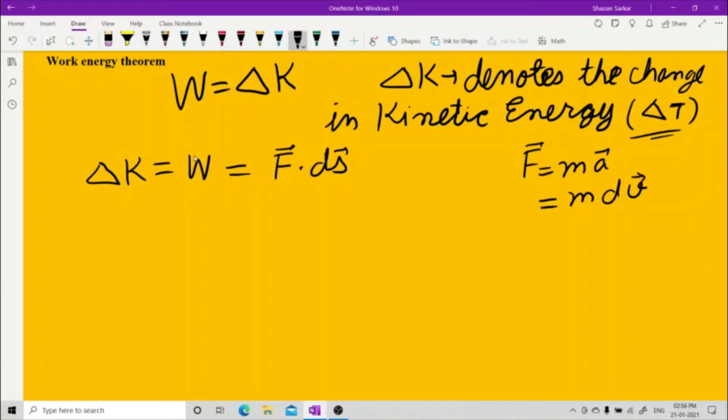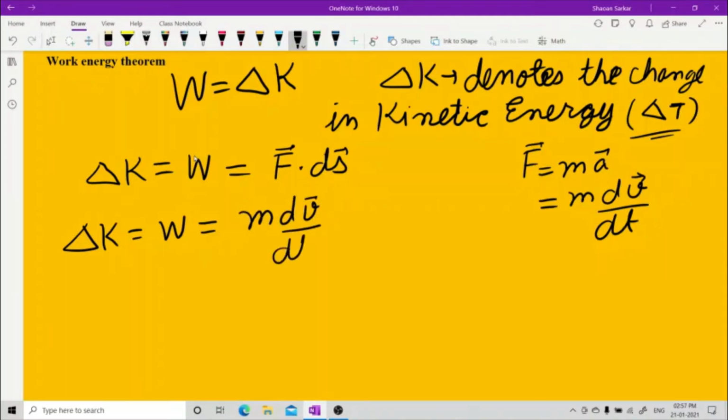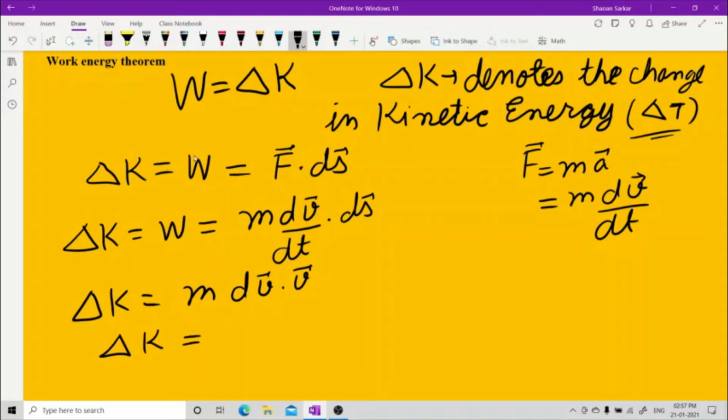So delta K is equal to W is equal to M dV dt dot ds. Now this dt we will put under ds. So delta K would be M dV dot V. They're both in the same direction, so we take delta K equal to M V dV.